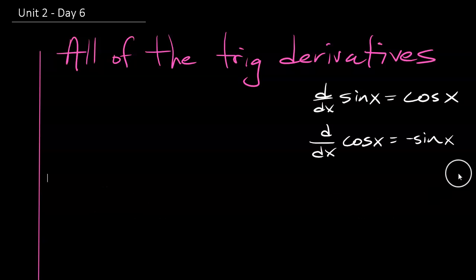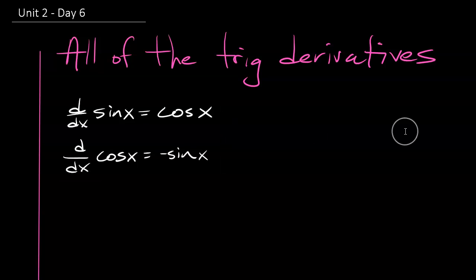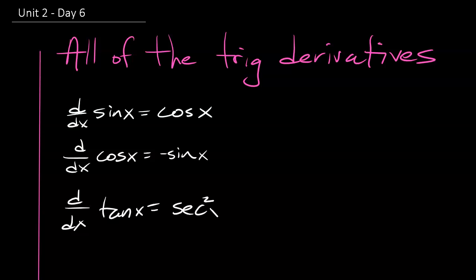What I'm going to do is I'm just going to give you all 6 trig derivatives, and these are the 6 you have to know. The derivative of tangent we just did was secant squared x. Derivative of cotangent is negative cosecant squared.